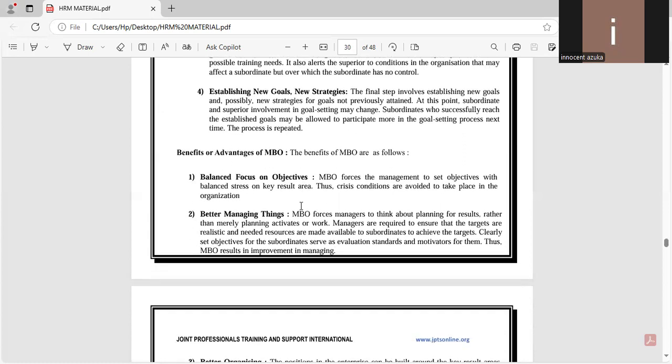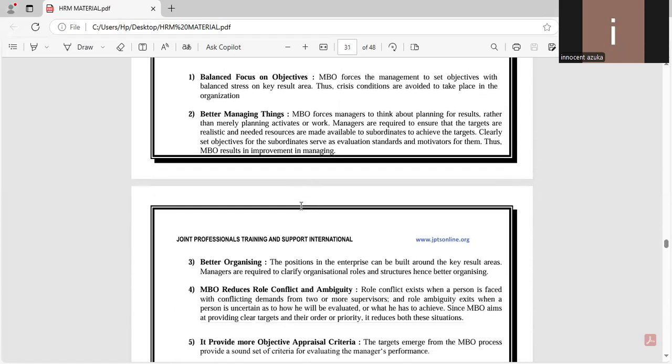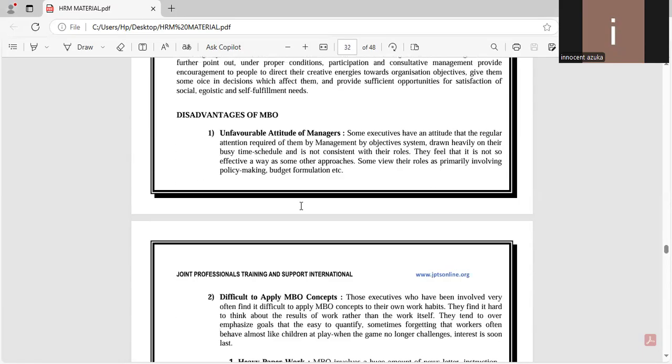The benefit is balanced focus on objectives, better returns, and so on and so forth.